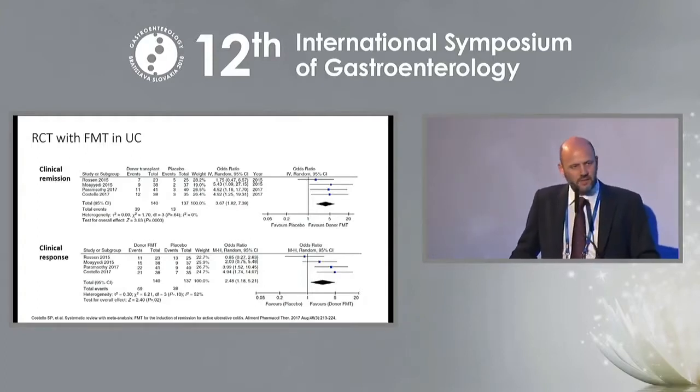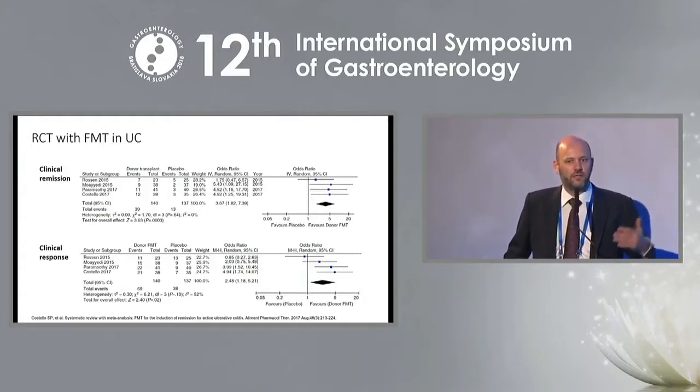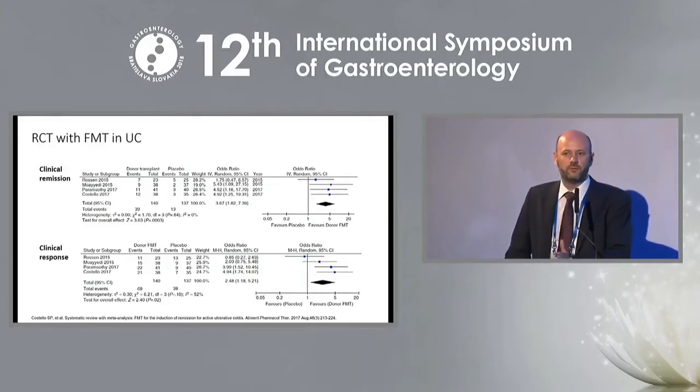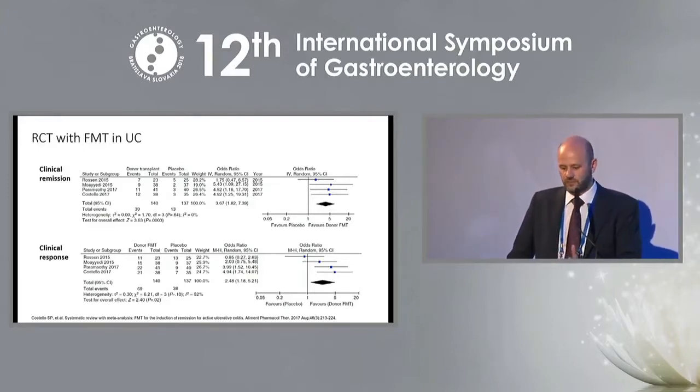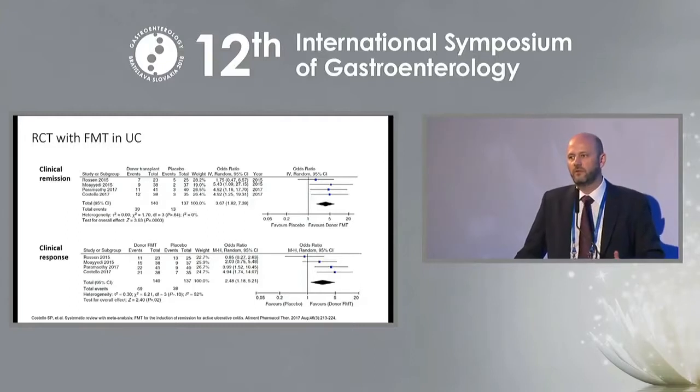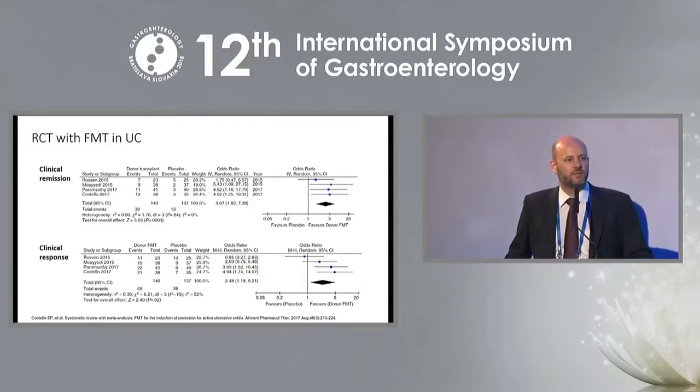And we see another very important thing which underlines the experience from Clostridium difficile, that the first study by Rossen, the one that delivered through nasogastric tube, was sort of out of the typical results. It was not effective. It was a single trial that was not effective for remission. So in UC, in contrast to recurrent CDI, the nasogastric route is not considered effective.